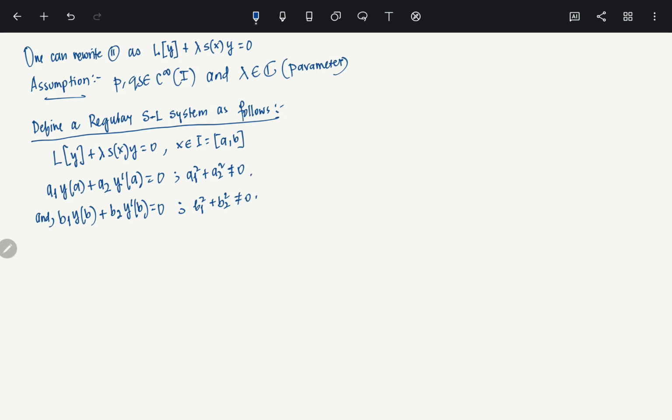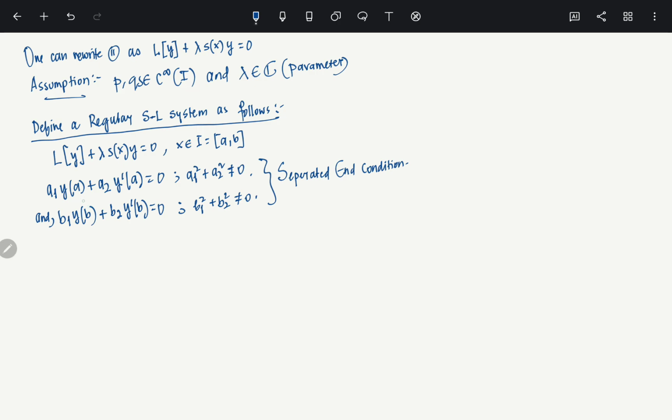First of all, these two conditions are basically the regular Sturm-Liouville conditions. We will also call them separated end conditions.